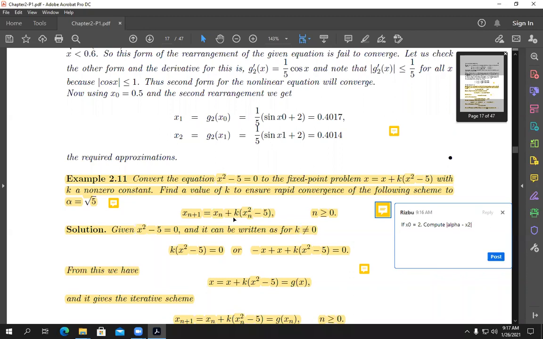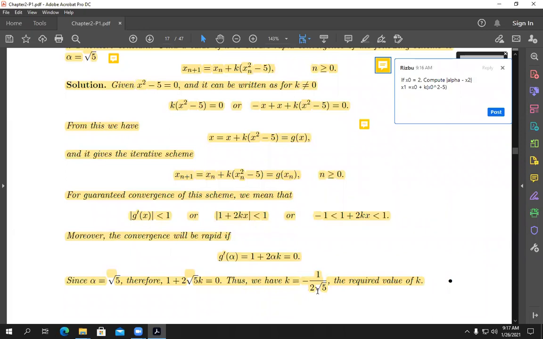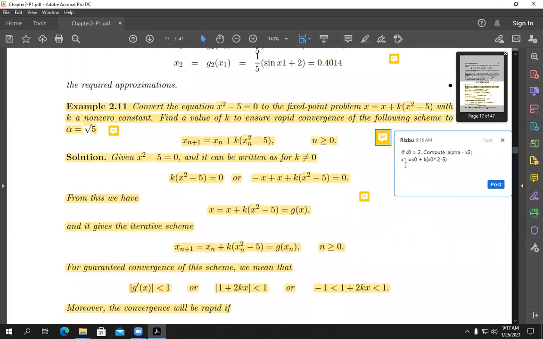What is x1? g of x0, which is x naught plus k x naught power 2 minus 5. What is x naught? Given by the teacher, 2. What is k? You just calculate here. And then you can have the value of x1. And the same way you find x2.